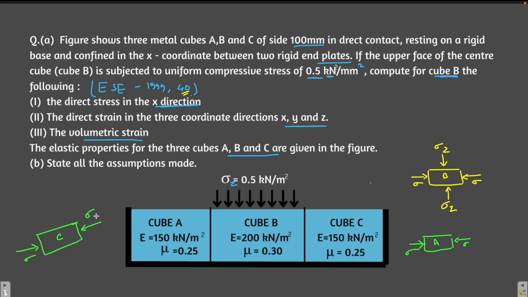So basically all the three blocks will experience compressive stress in the x direction. What we have to find out is the direct stress in the x direction for cube B. That means we have to find this sigma. That is the first question. I hope you understood this. Now let me draw the fresh figure for this one.